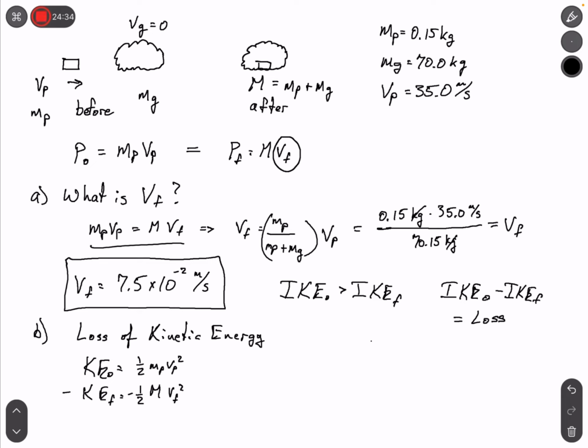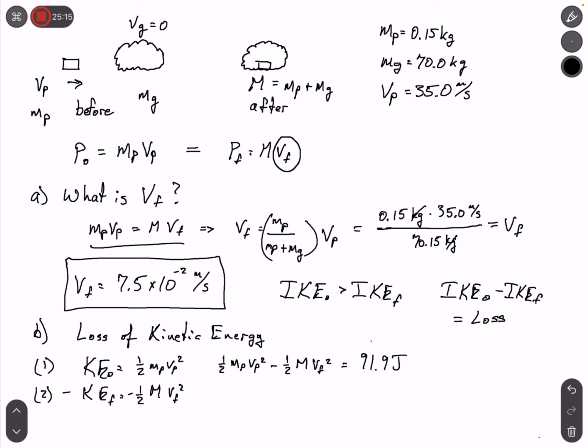So we do the same old thing where you take equation 1 and subtract equation 2, or in our case we'll be adding them together, but that addition is a subtraction. So we've got 1/2 m_p v_p squared minus 1/2 big M V final squared, and that equals something. It ends up being 91.9 joules.